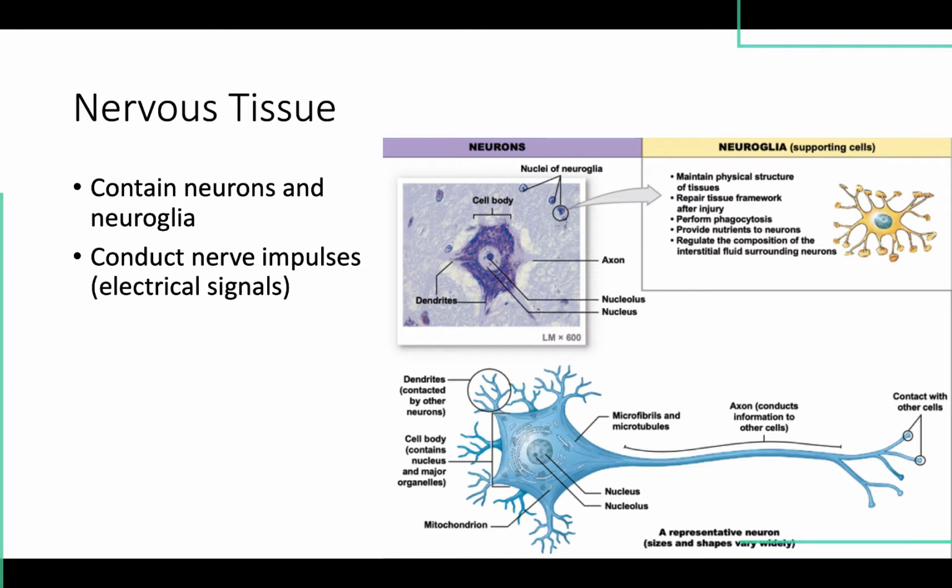That's all neural tissue, nervous tissue. So one type of cell is this neuron. That's what's going to send the electrical impulse. The other type of cell is the neuroglia, and the neuroglia is going to support it, protect it, maintain it, repair it, all of those things. So we have those two types of cells in nervous tissue.